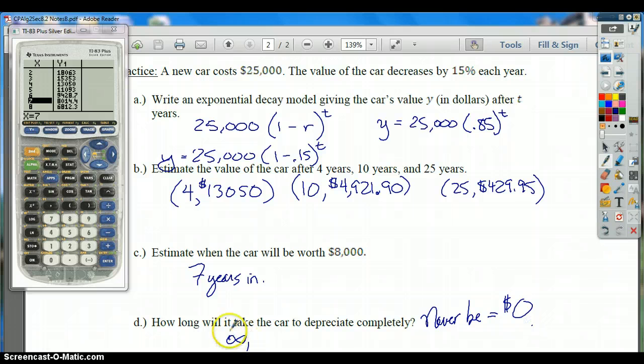It'll be infinity, and infinity will always be a little bit above $0, but you never quite get there. So if you actually make this chart run all the way out, even at 100 years, this is still going to have some value. It's not going to be a lot, and you're not going to be happy. You can see we're still worth $2, $1, and I would doubt that you would even get to 10 cents, because just in raw material, your car will be worth something.